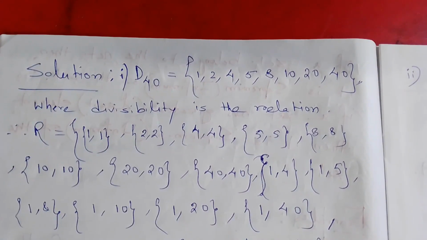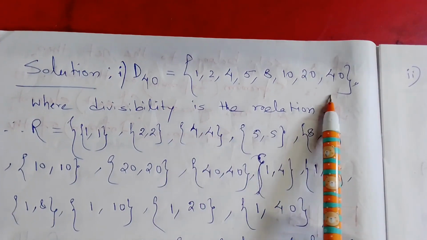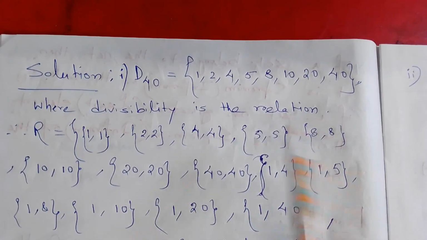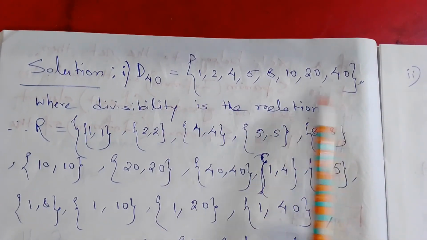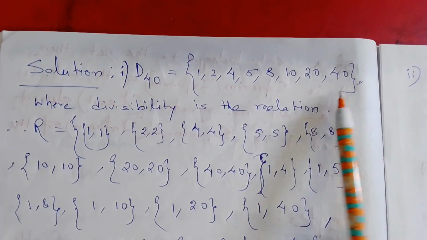Starting with the first question, whether D40 is a POset with respect to the divisibility relation or not. Here, D40 consists of all the divisors of 40.